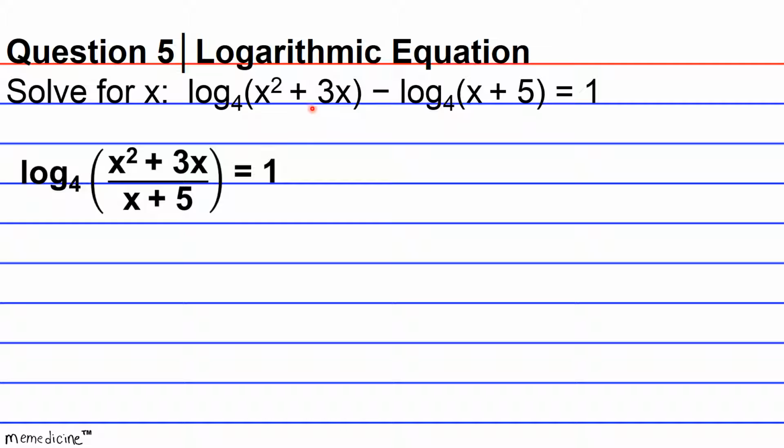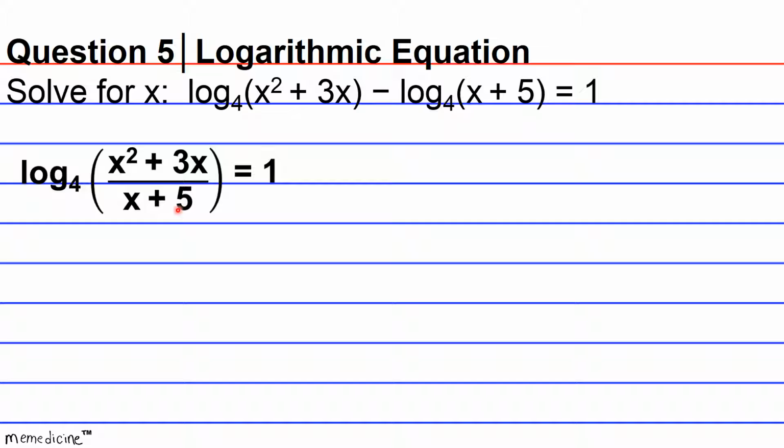Here we have our original logarithmic equation, and then we apply the quotient property of logarithms to condense the two separate terms into one on the left-hand side.